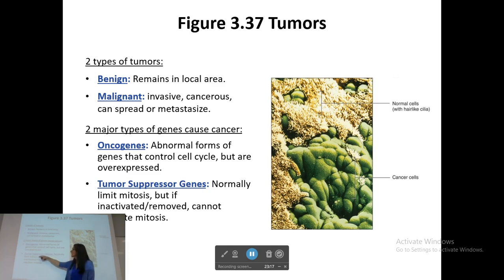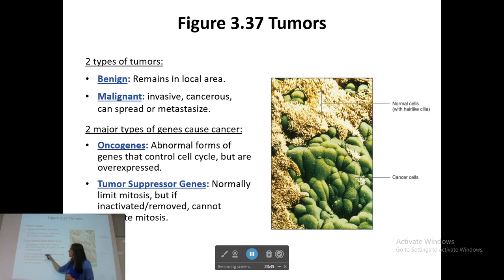Okay, the tumor suppressor genes, same thing. Normally they're going to be limiting mitosis, but if they are inactivated or removed, if there is some damage to that particular section of the DNA, because that's what a gene is, it's a particular section of the DNA that codes for a particular protein.